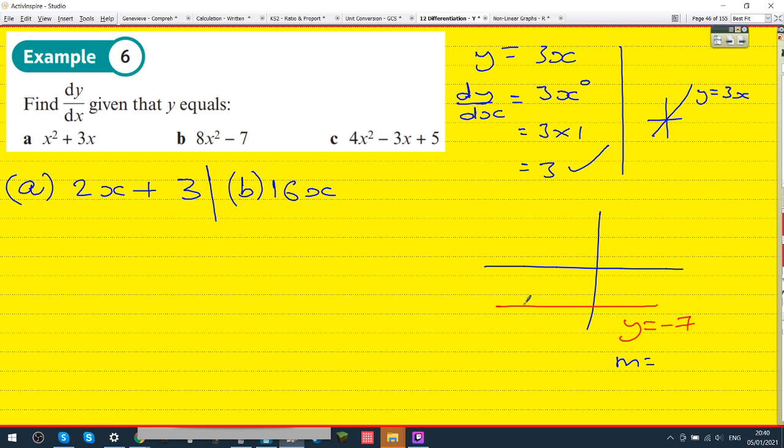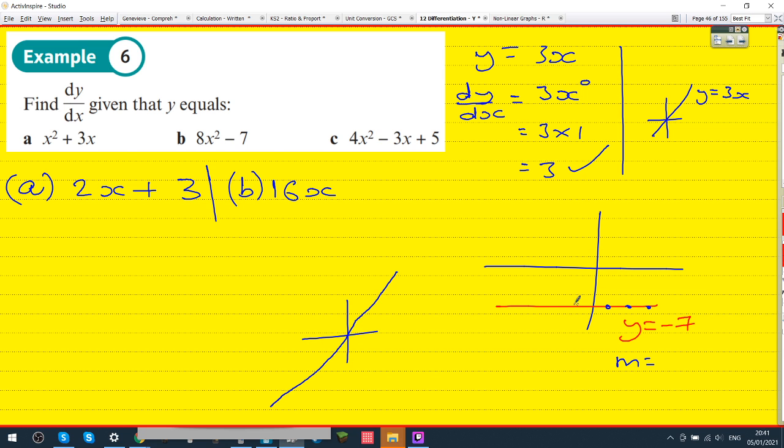For every one right, how many up or down does it go? It goes down 7. Oh, no, up 7 if it's going from the bottom left to the top right of the graph.